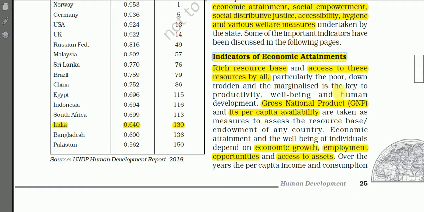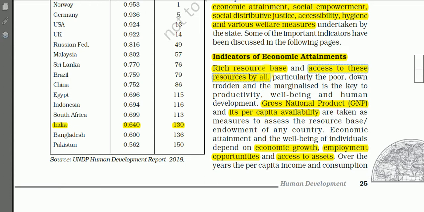Let us read. Rich resource base and access to these resources by all, particularly the poor, downtrodden, and the marginalized, is the key to productivity, well-being, and human development.